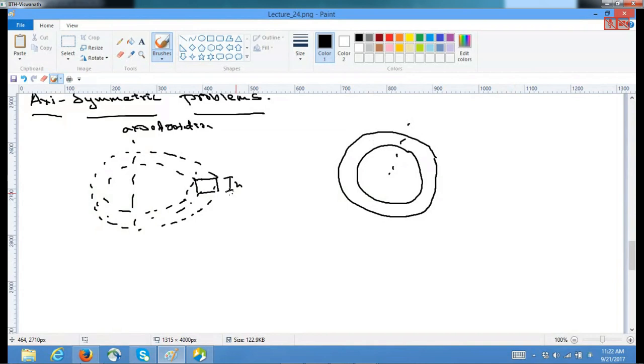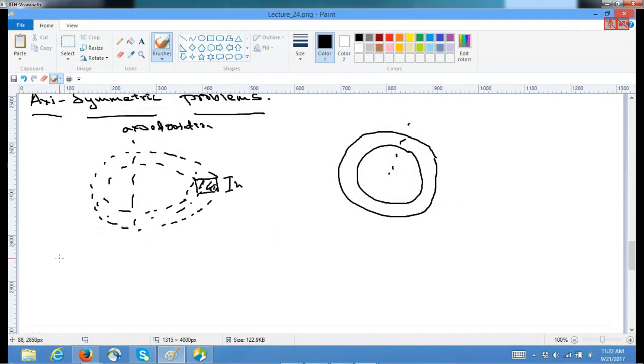Now, if you have a certain area dA, and dA is rotated about this axis of rotation and a body is formed, then these are called solids of revolution.